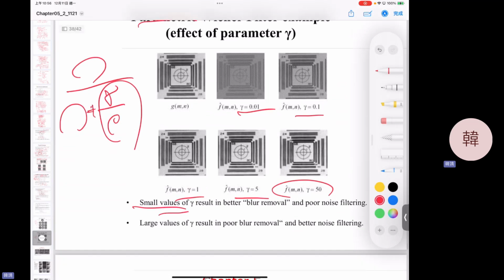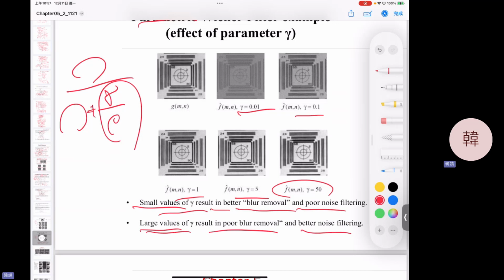So if you use a small value, it actually results in better blur removal, but poor noise filtering. That's what we mentioned. If gamma is very small, your noise removal is very bad, so you enlarge your noise content. But if you use large gamma, it's not good for the blur function, but good for noise removal.